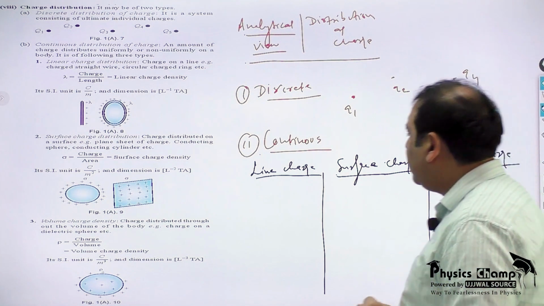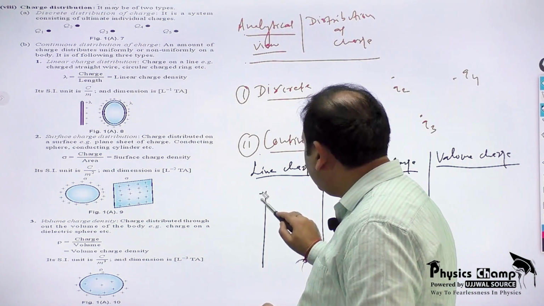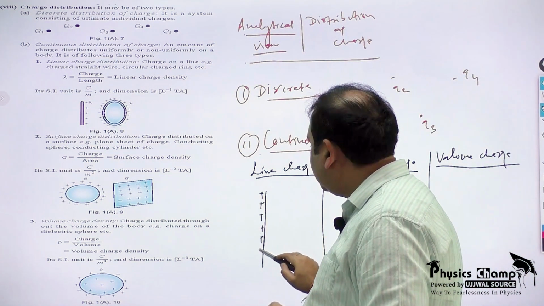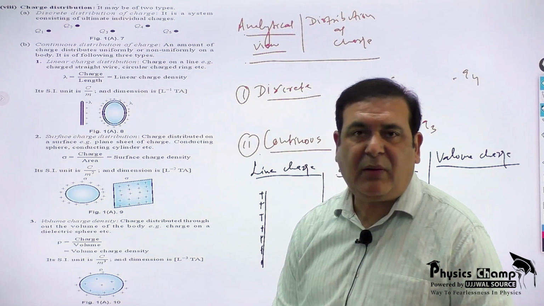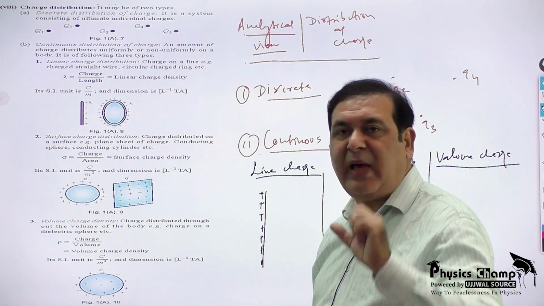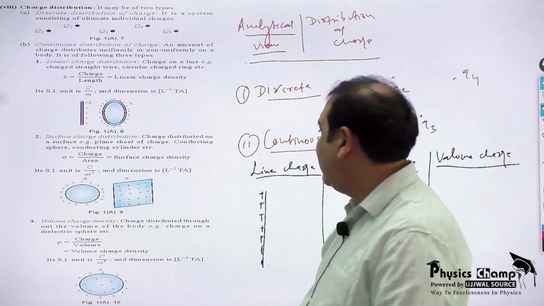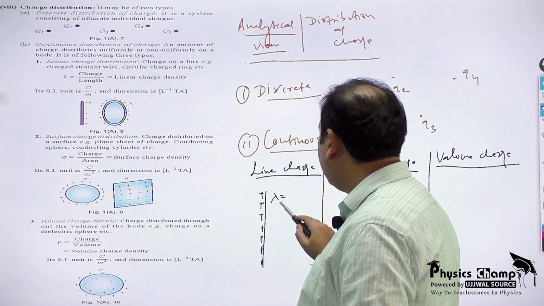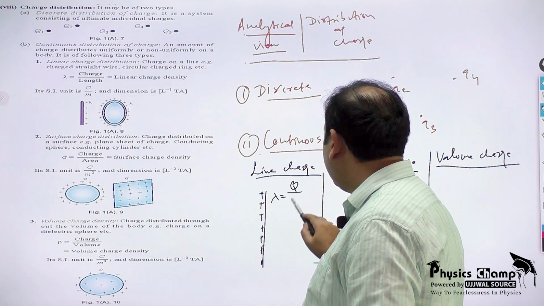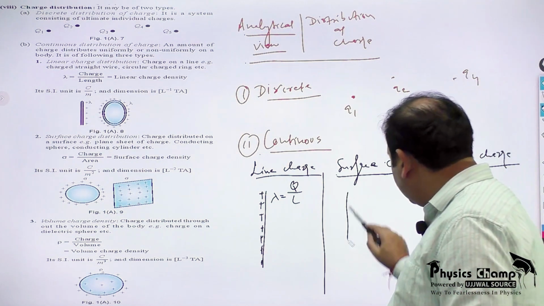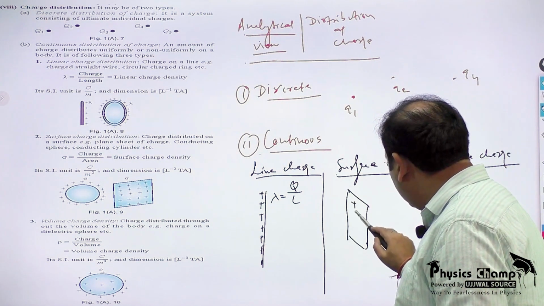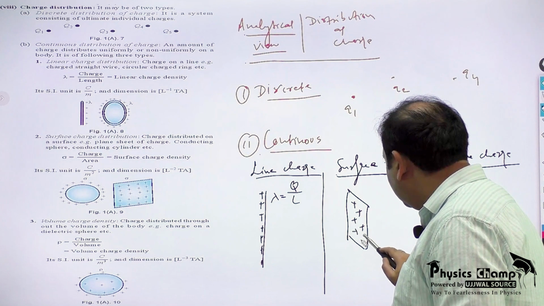In line charge distribution, you will assume as though you have just a charge distributed on a conductor or insulator in the form of a line, almost no thickness. So here we'll have a linear charge density, which will be total charge divided by the whole length. It is represented by lambda. In surface charge distribution, you will assume there is a whole surface on which the charge is distributed.